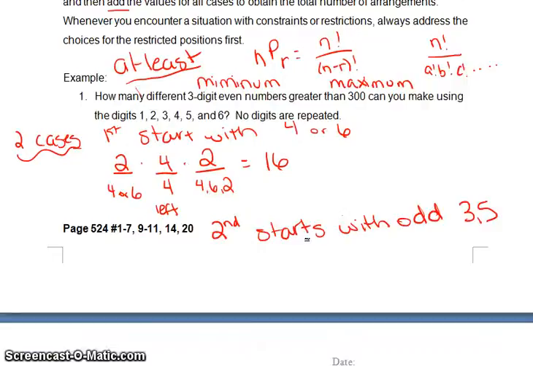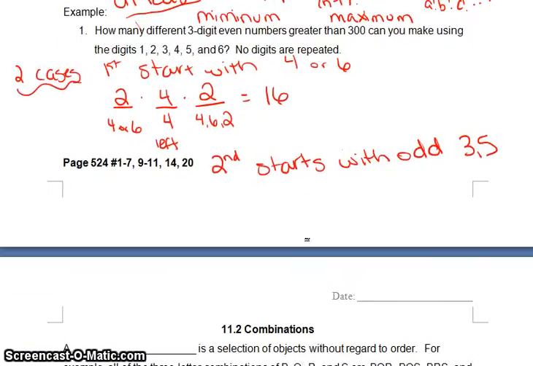Now for our second case, what happens if it starts with a 3 or a 5? Here we have our 3-digit number, and it starts with a 3 or a 5, so there are 2 choices. For the end, it has to be an even number, so we can only have 2, 4, or 6. We haven't used any of these yet, so we could pick any of them: 3 different choices.